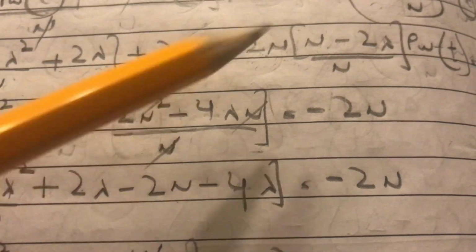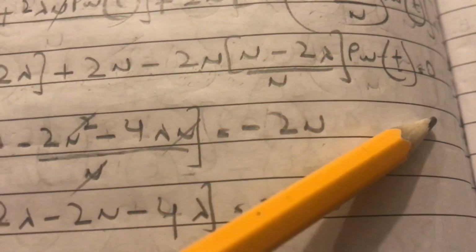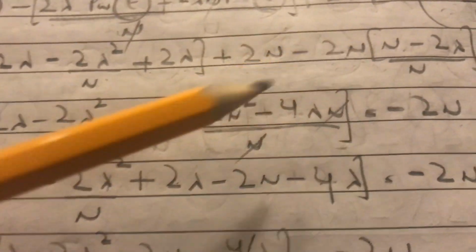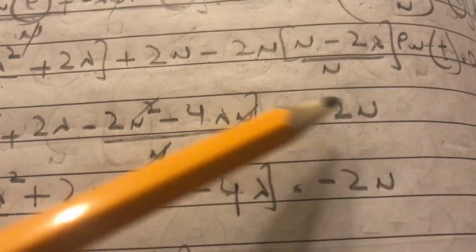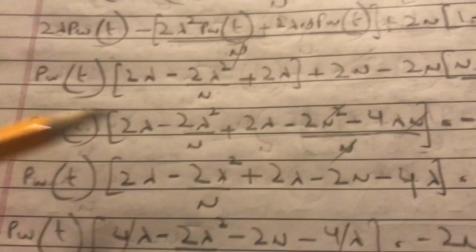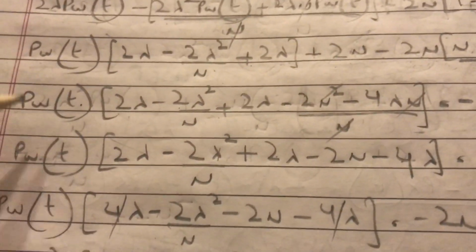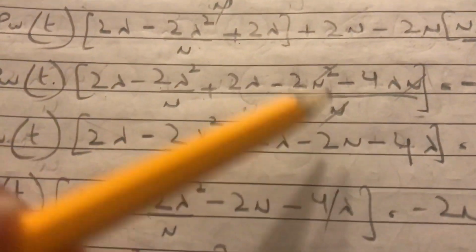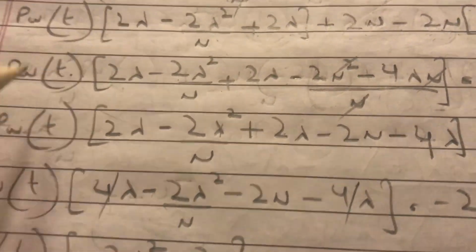This mu comes here, and this remains here, and pw of t. Now we have seen that only this thing was remaining, so we take it to the opposite side, and this pw of t also comes in. The whole equation becomes together, in common, as we take the common of pw of t from them.